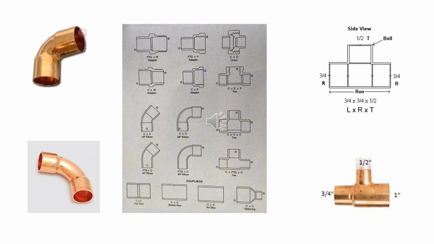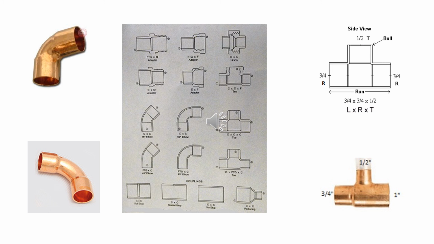All fittings are measured by the size of copper pipe you want the fitting to fit on. So if you are ordering fittings for ACR, you would need to specify that you want the fitting for ACR pipe. Remember, ACR pipe is measured by outside dimension, while plumbing and heating pipe is measured by inside dimension.